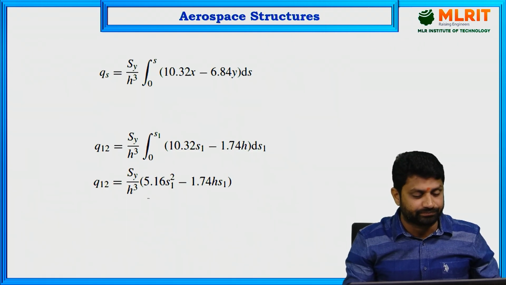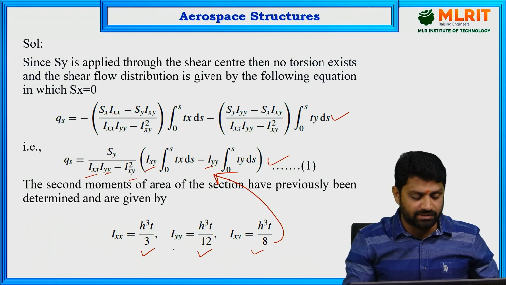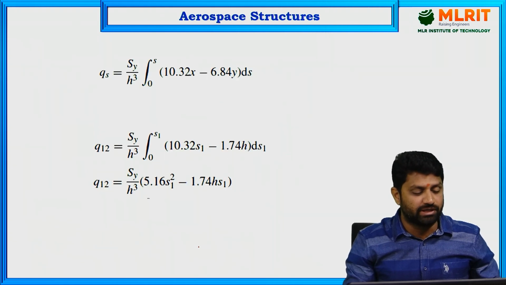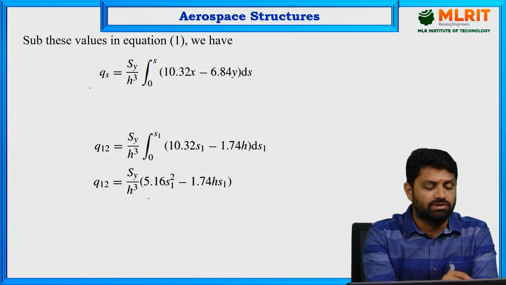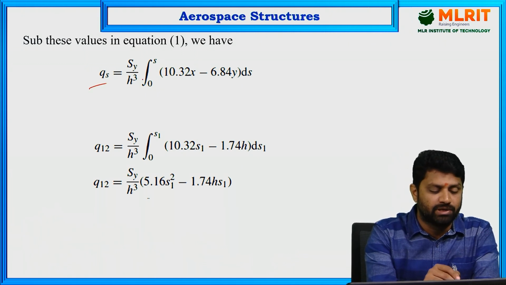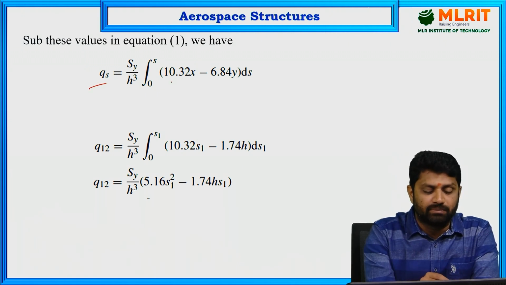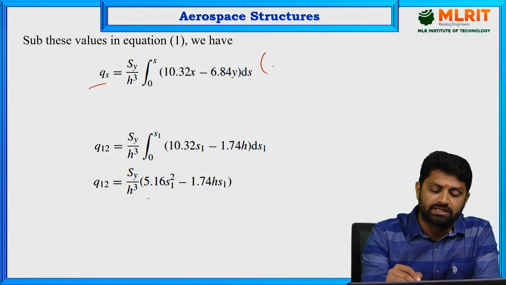Okay. So when you substitute all these and reduce the form of the equation, you are going to get the distribution like this. So qs equals minus Sy by h cube integral 0 to s of (10.32x minus 6.84y) ds. So this is the shear flow distribution.